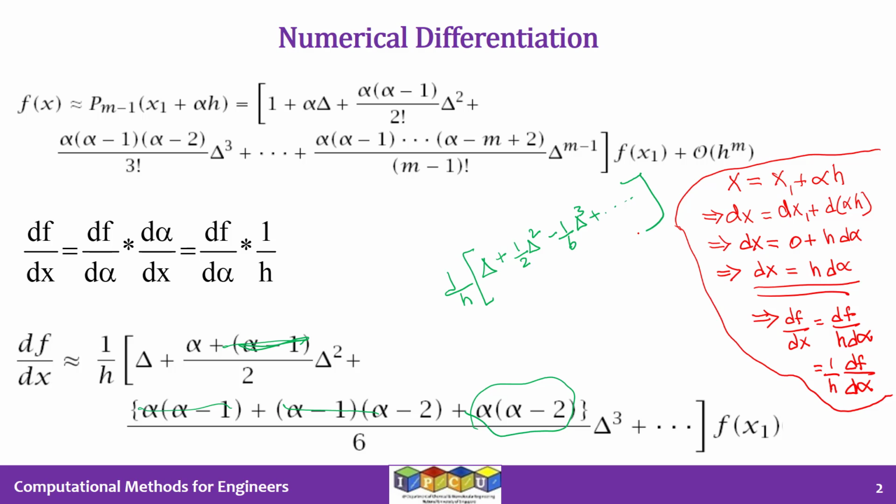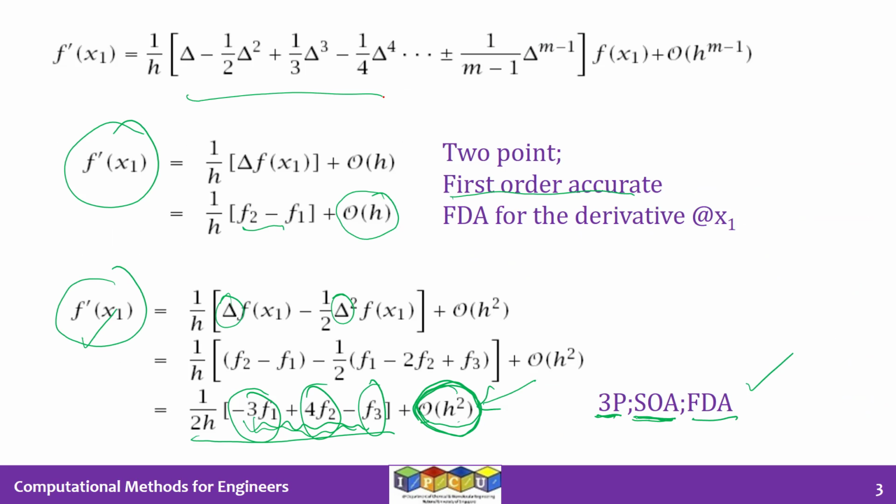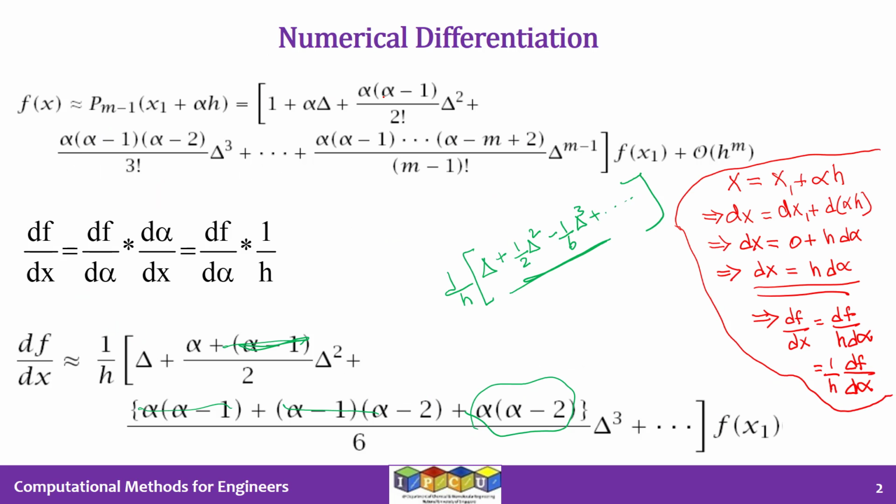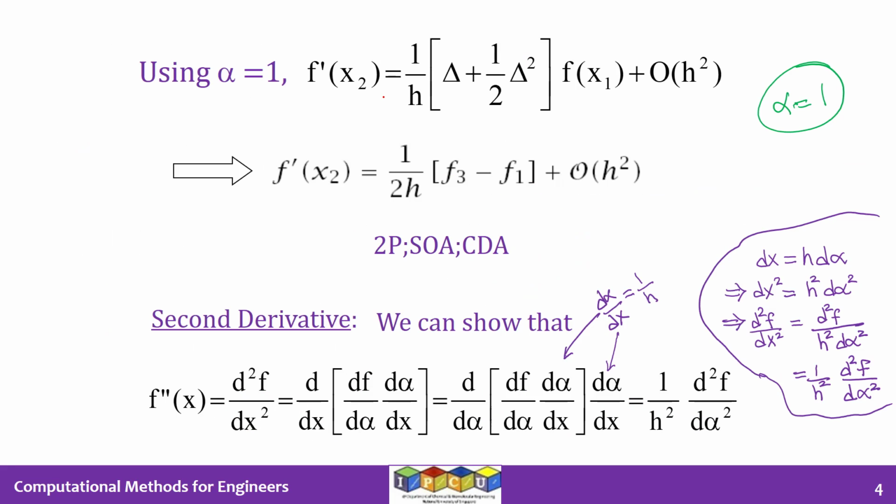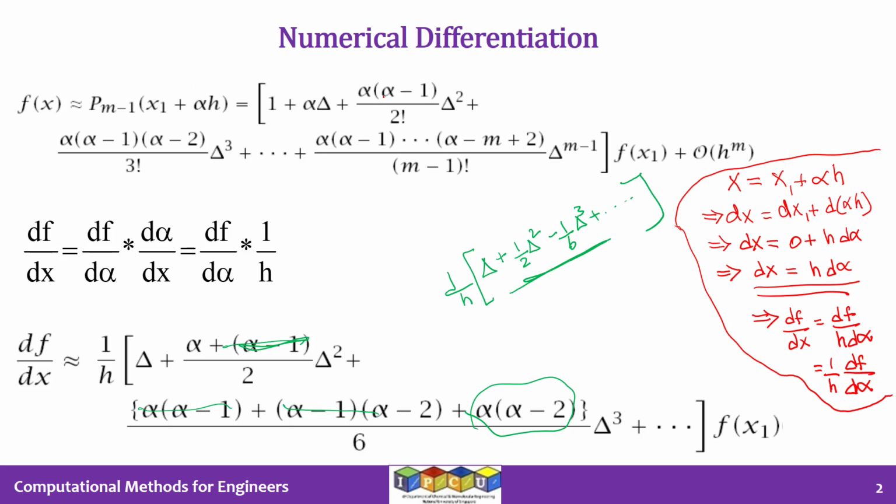You can see that this is different from this simply because we are choosing different values of alpha. So when alpha is equal to 1, that means we want to find out the derivative at x2. Then we get this general expression. So you can stop after the first term, or you can stop after 2 terms, or you can stop after 3 terms, etc. The choice is ours.